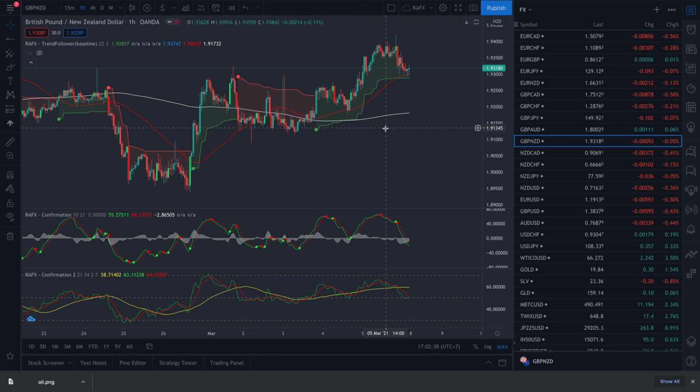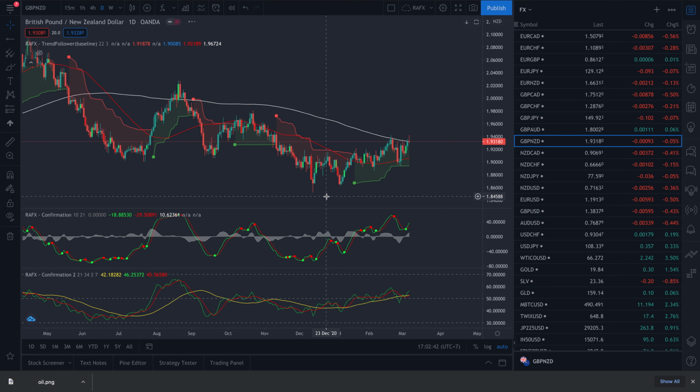Okay, so there is a possibility that by this week, this baseline here will be broken and there is a sign that the trend is already changed.